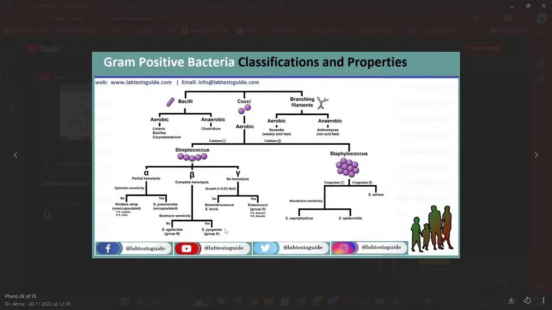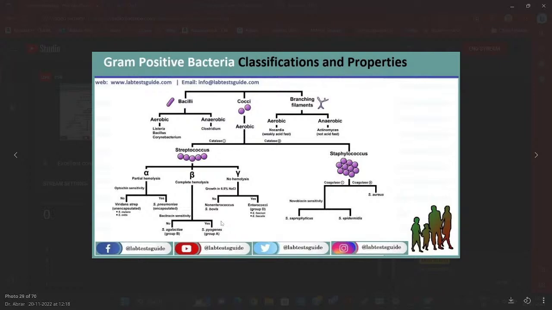This is also very important: Streptococcus pyogenes, Group A. We divide these into groups on the basis of serology, that is, what antigen property the bacteria have.